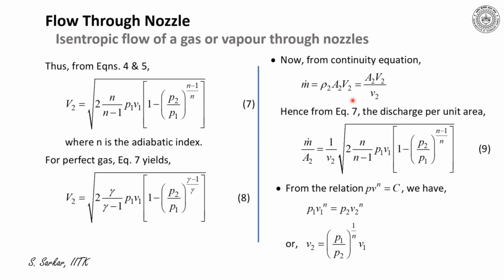This can be stated as A2, capital V2, small v2. Capital V2 represents the velocity, small v2 is the specific volume.